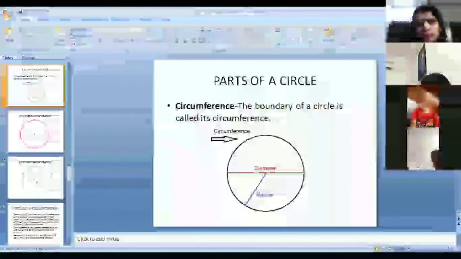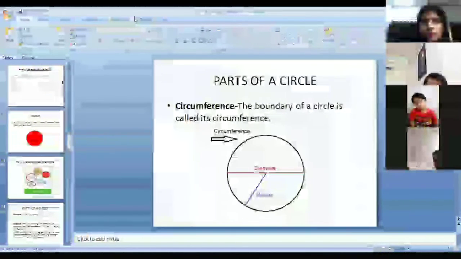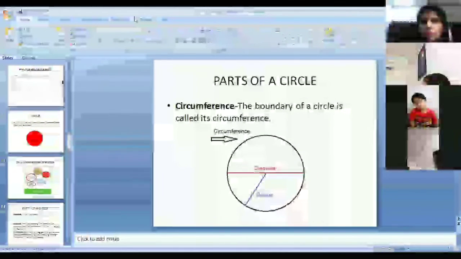Those who know the answer, I'm again requesting you to thumbs up. Yes, Javeer. Rectangle. Rectangle, very good. It is a rectangle.